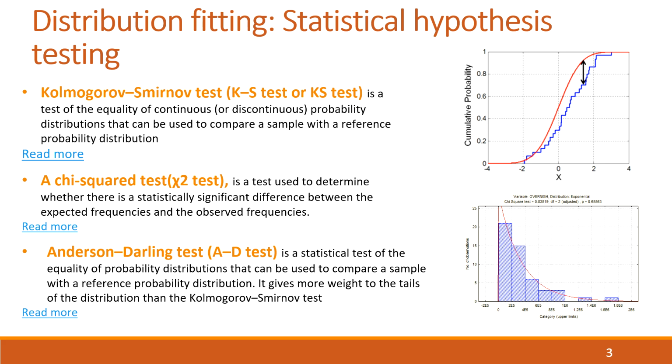For this purpose, it is recommended in the literature to utilize tests like the Kolmogorov-Smirnov test, the chi-squared test, and the Anderson-Darling test. I'm not going to explore them in detail here. I just presented you the titles, and I will demonstrate how to apply them from a practical point of view.